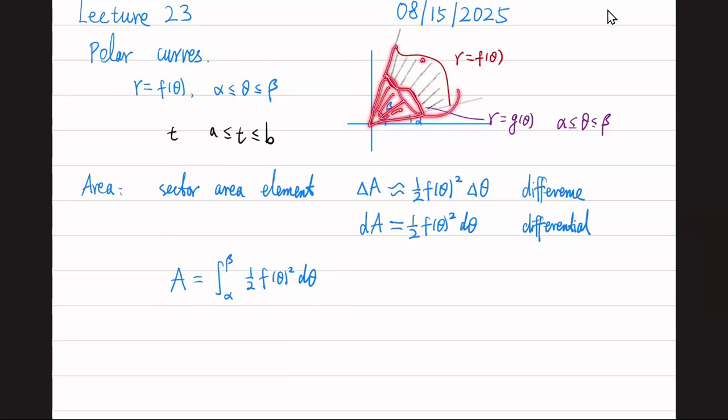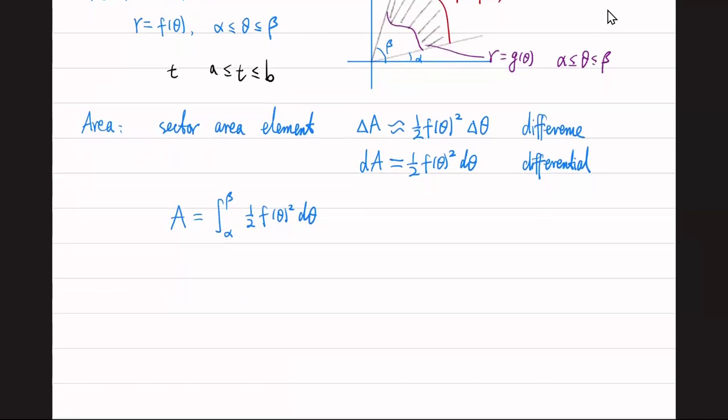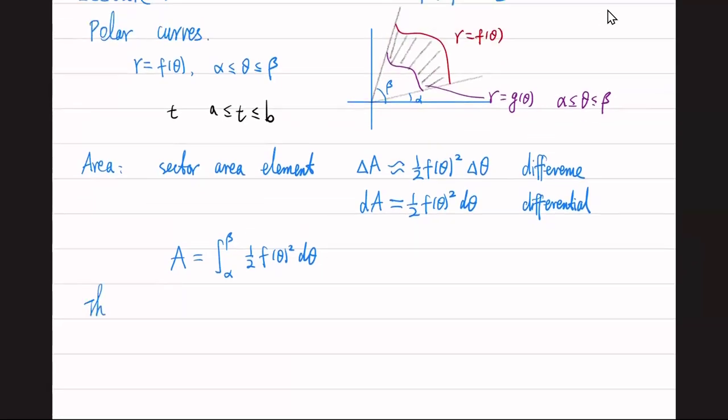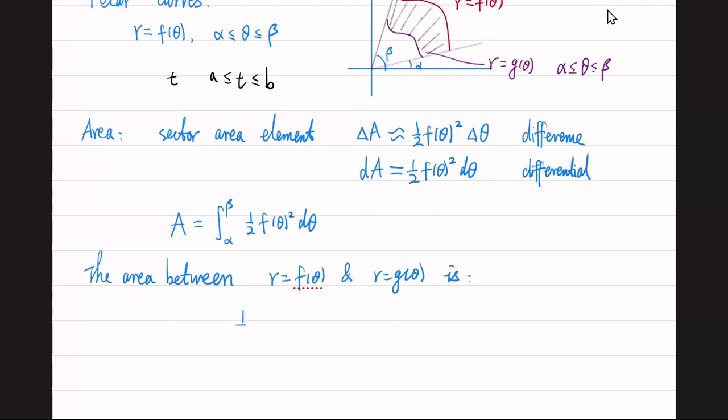The difference is similar to what we had for the regular case.